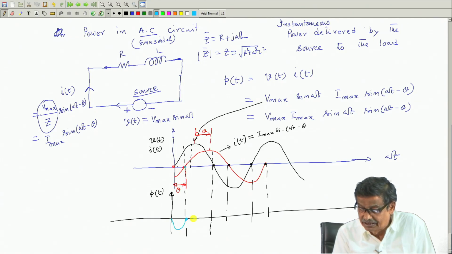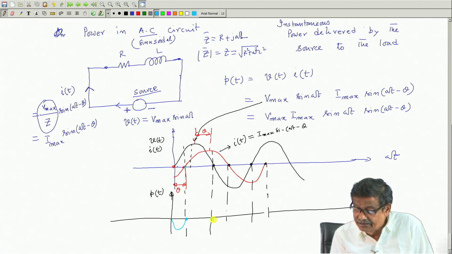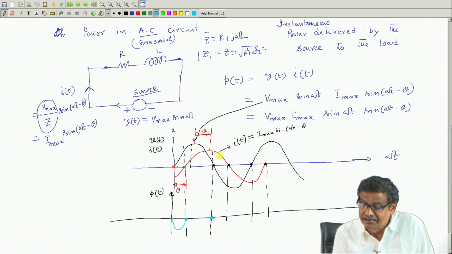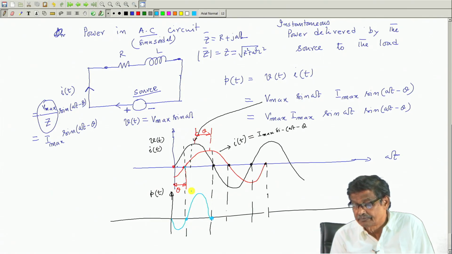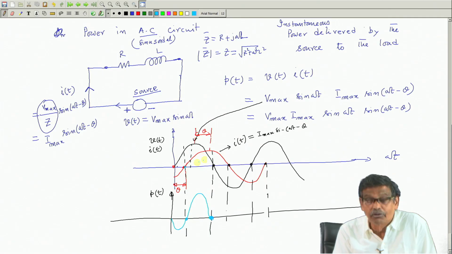At this point once again it will be 0. Now, during this interval, both voltage and current are positive. That means it will be something like this. At this point once again it will be 0, but power will be positive.